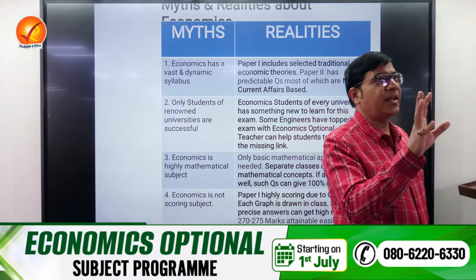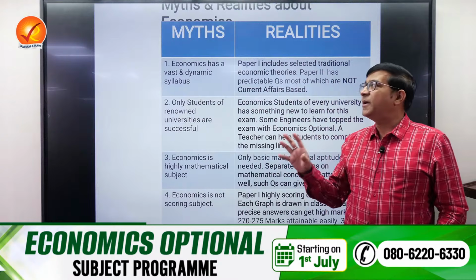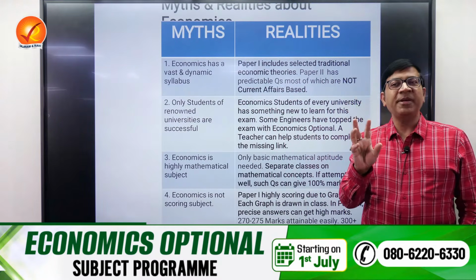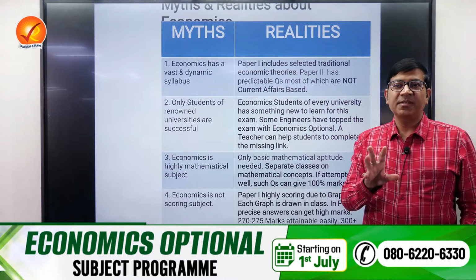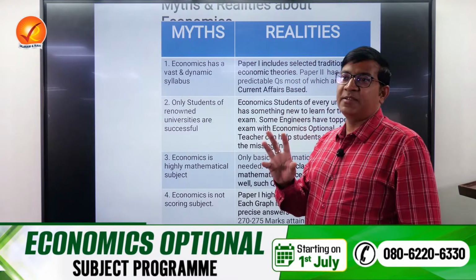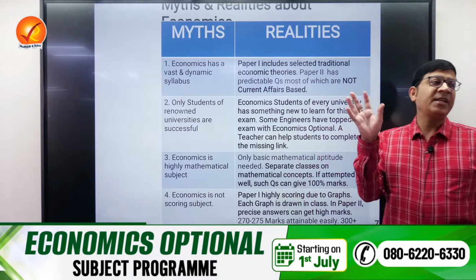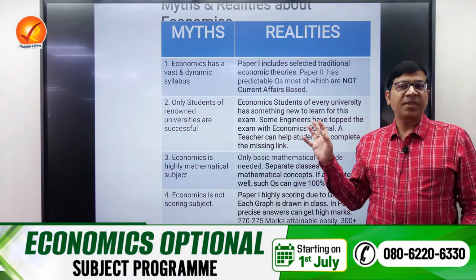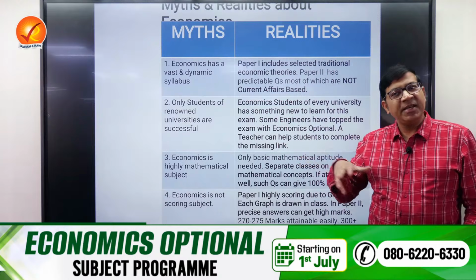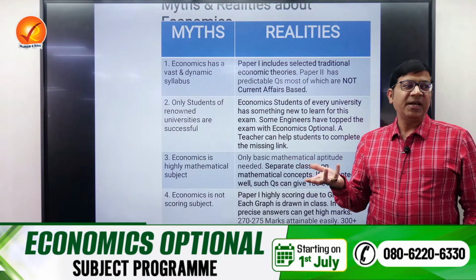So one general clarification here: whatever current affairs you do for economics in GS preparation, whatever current affairs you do while preparing for GS, that is more than enough even for optional. So even if you don't choose economics optional, in any case you have to do that. Are you getting it?